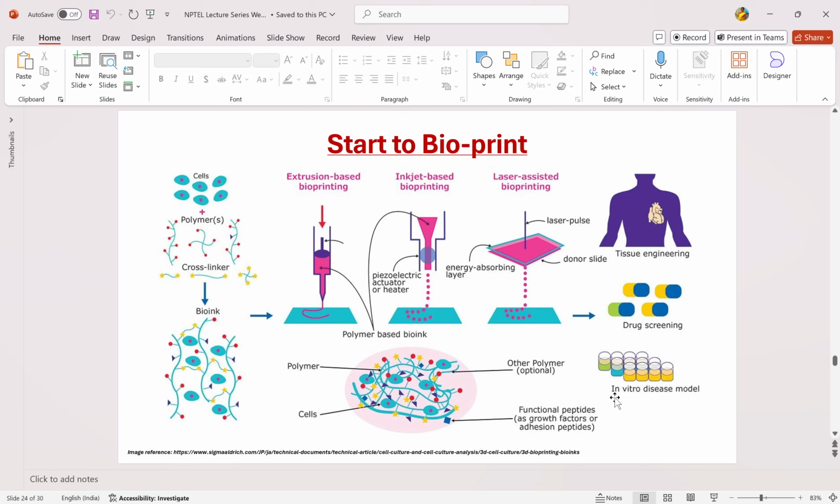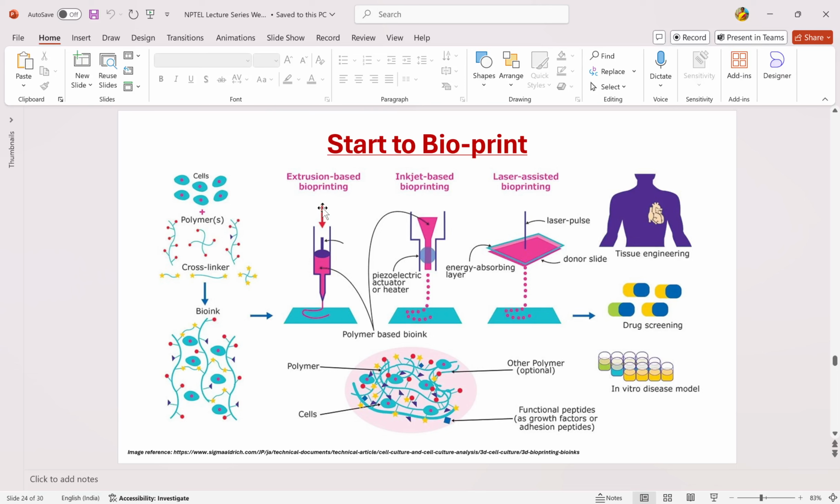Okay, so in order to start bioprinting, till now we talked about bioink generation. That was the first few steps for bioprinting. The second last step is bioprinting. So what will you do in bioprinting? Cells you have taken, polymers or crosslinkers you have taken to form the bioink. After you form the bioink, you use it with different techniques. So what are the techniques?